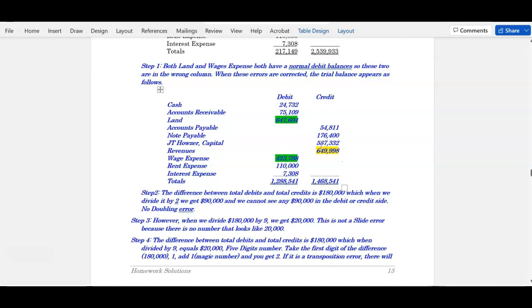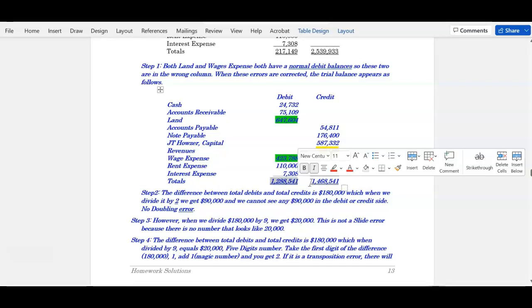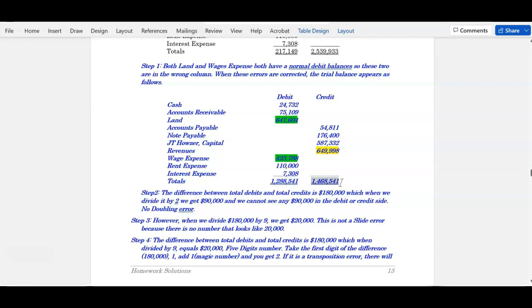Okay, 3. Now, which one of these might be the actual wrong number? How do you know which one? I tell you how. Answer me. This number is smaller or that number is smaller? Which one is a smaller number?